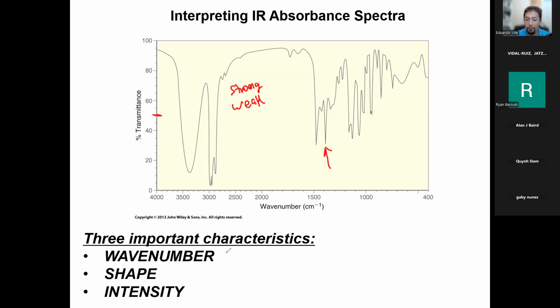So now we have the language to describe it. We can say the medium strong, sharp peak at 1500 wave numbers, or the very strong, broad peak at 3350 wave numbers. This is how we start speaking organic chemistry. This is how we speak spectroscopies. So any questions about the words, the things that we look for?